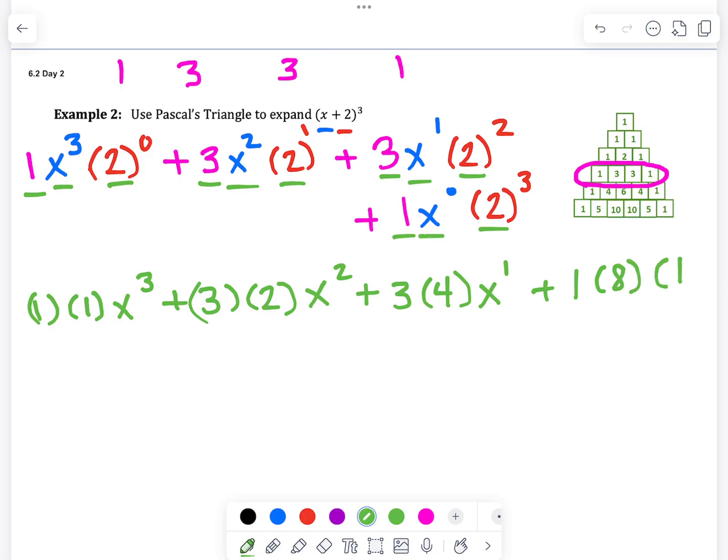X to the first, x to the 0 is 1. And then simplify. 1 times 1 is 1, x cubed. 3 times 2 is 6, x squared. 3 times 4 is 12, x. 1 times 8 times 1 is 8.